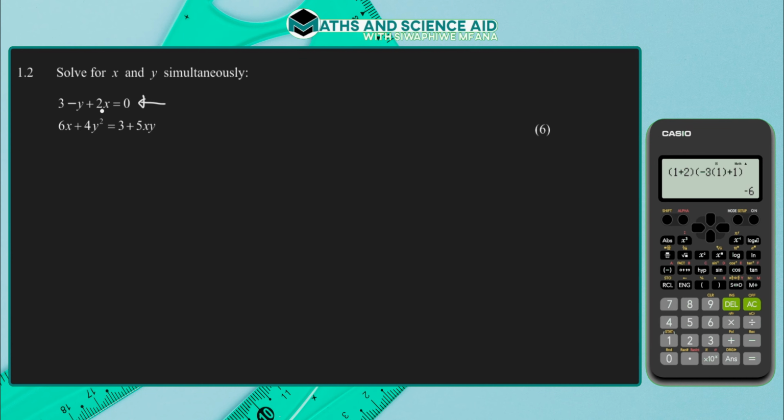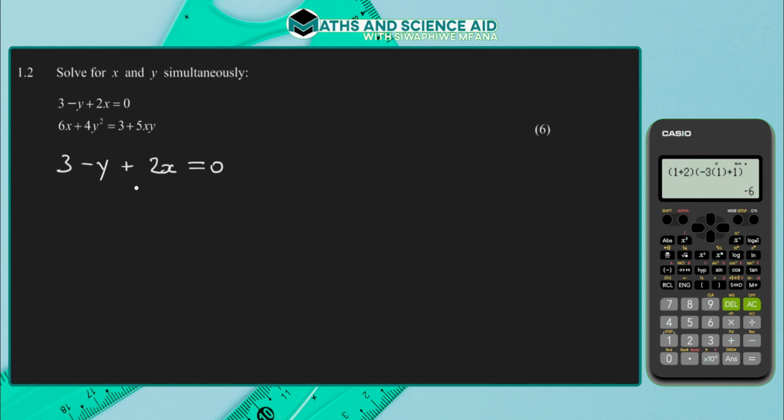To avoid that, you must always use the variable that has a coefficient of 1 or -1 and make it the subject of the formula. So here's what I mean. Here we are going to take the simple equation that we have, which is 3 minus y plus 2x is equal to 0.